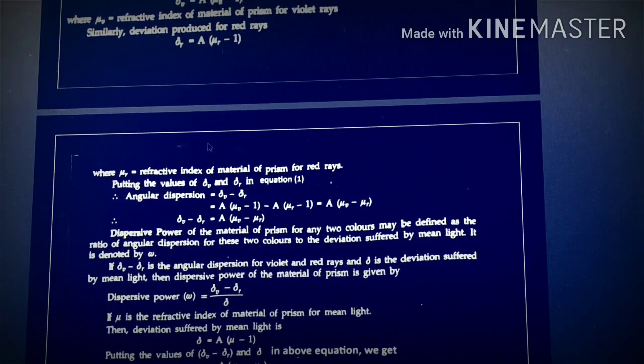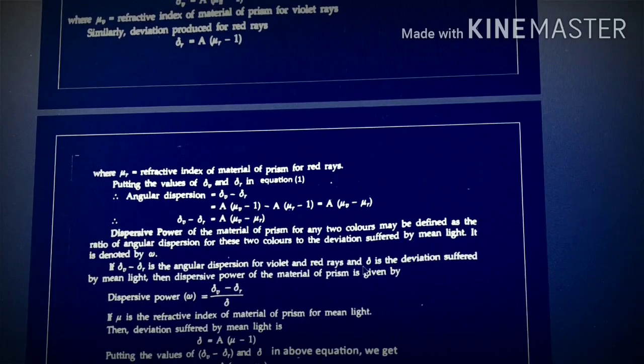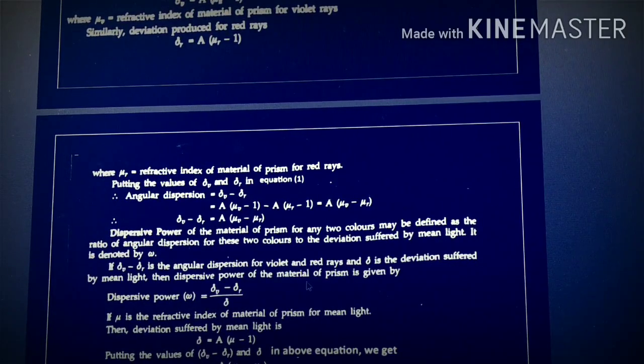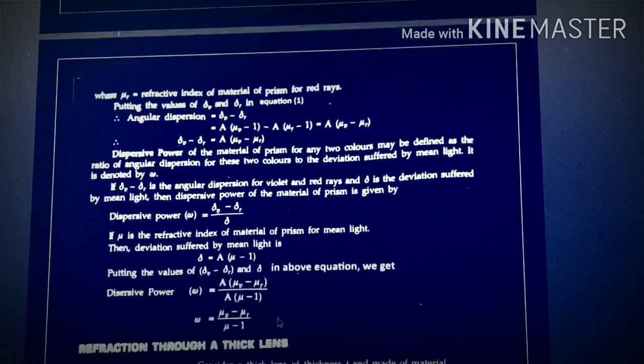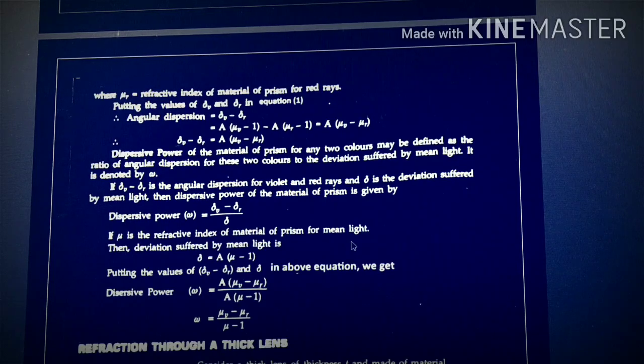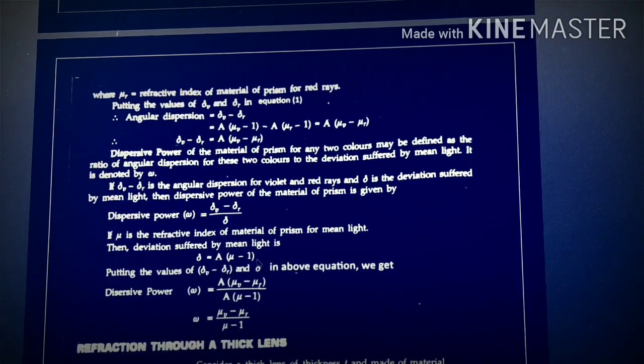We also know that if delta v minus delta r is the angular dispersion for violet and red rays, and delta is the deviation suffered by mean light, then the dispersive power of the material is omega equal to (delta v minus delta r) by delta. But if mu is the refractive index of the material of the prism for mean light, then the angle of deviation for mean light is delta equal to A into (mu minus 1).